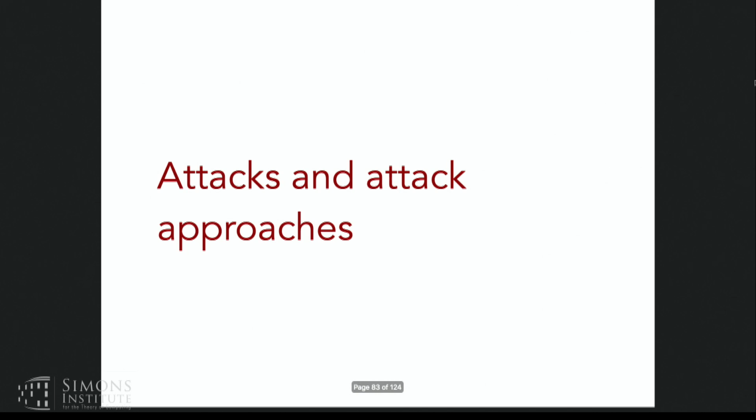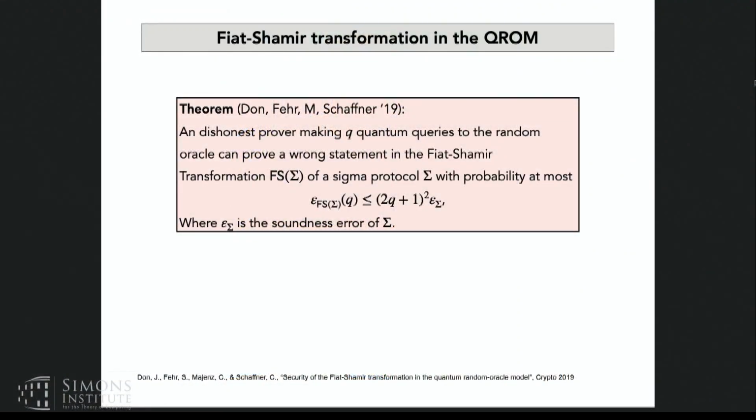Okay. Now that we know these two transformations, let us look at attacks on these transformations. First of all, about the Fiat-Shamir transformation. If we work in the quantum random oracle model, then there are security proofs since recently.